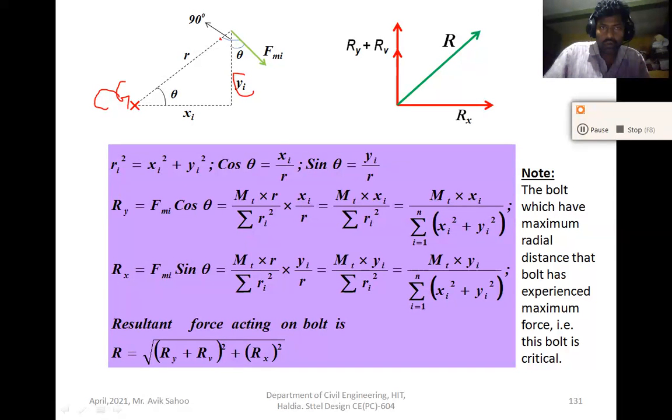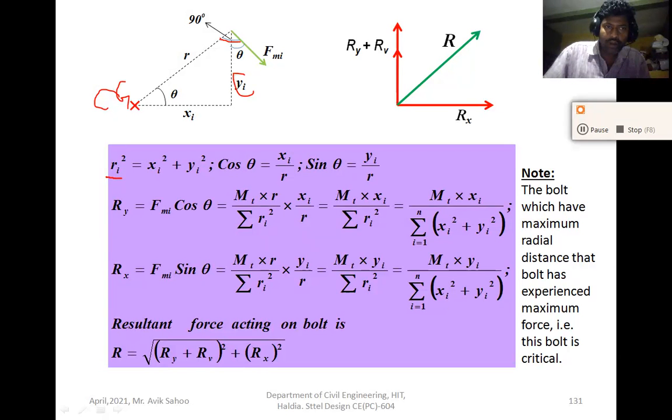Now this bending force Fmi we resolve into two Cartesian components, along the x-axis and along the y-axis.